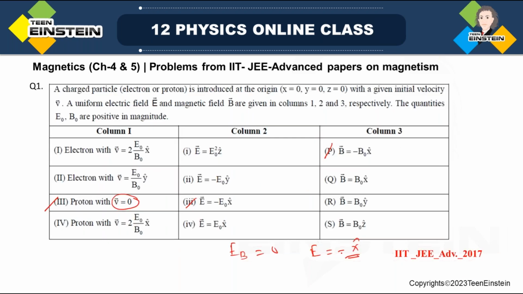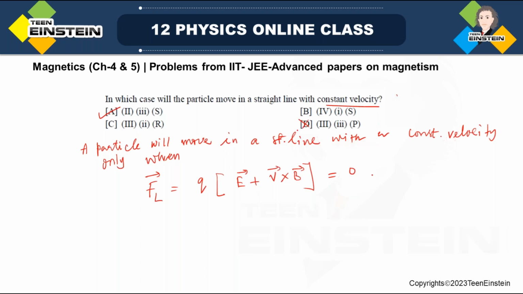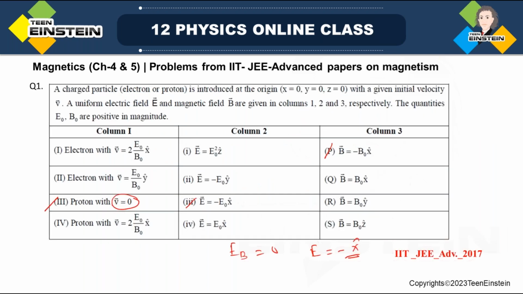It is moving along the x-axis in a straight line, that is fine, along the negative x direction. But it is not with constant velocity, because it is acted upon by an electric force. Force means there will be acceleration, so the velocity will not be constant.